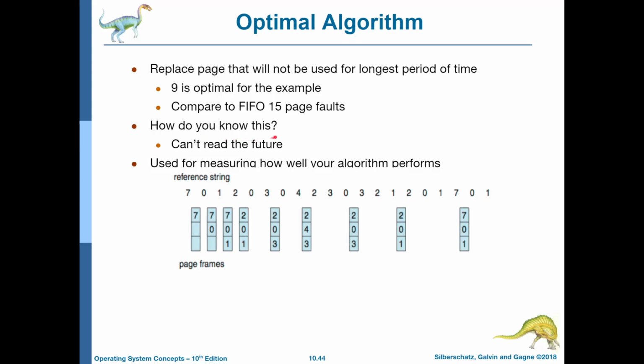This algorithm is optimal and is a good algorithm to compare against to see what the minimum number of page faults will be for a certain number of frames. It is not practical. We cannot look into the future. So while this algorithm is not used in operating systems, it can be used to help identify how well an algorithm is performing.